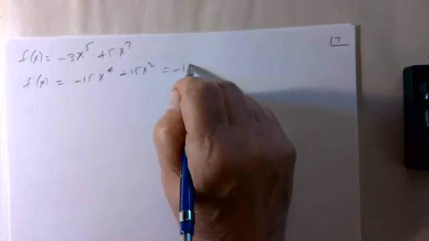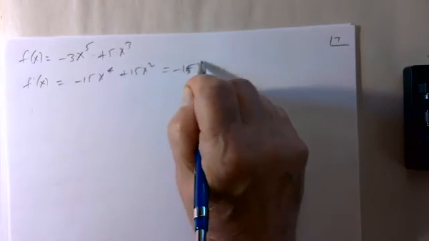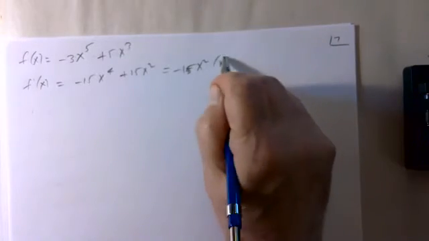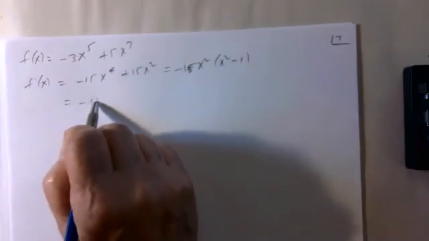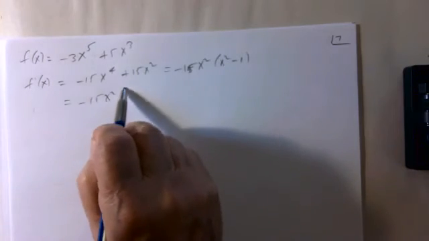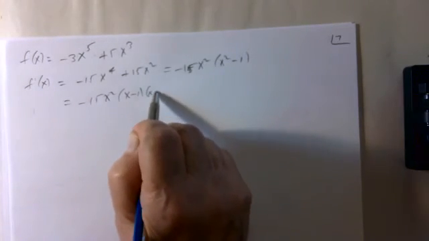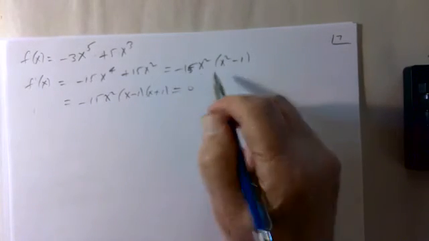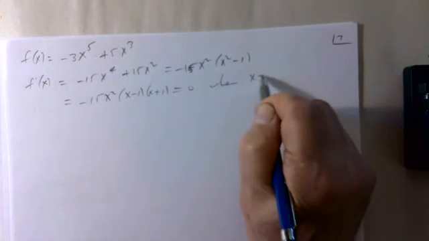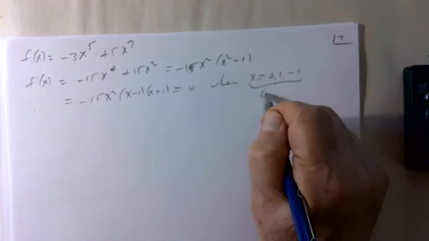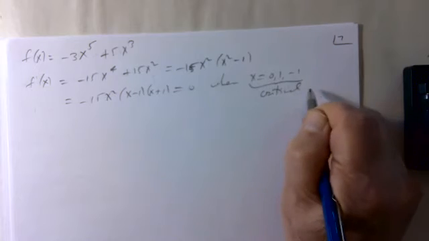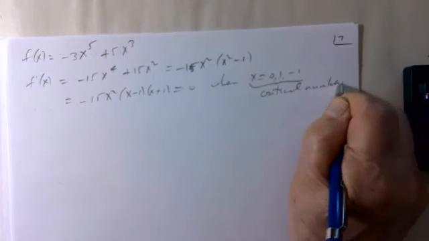So that is minus 15x squared times x squared minus 1, or minus 15 x squared times x minus 1 times x plus 1. And that's equal to 0 when x is 0, 1, or minus 1. So we have 3 critical numbers.